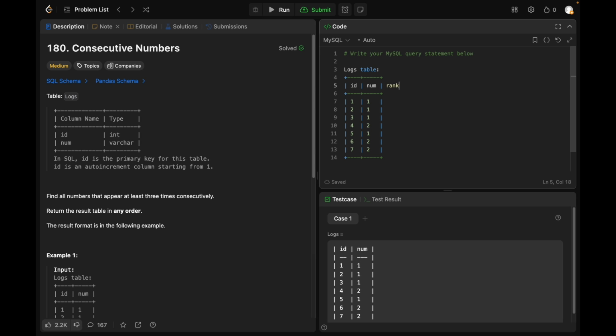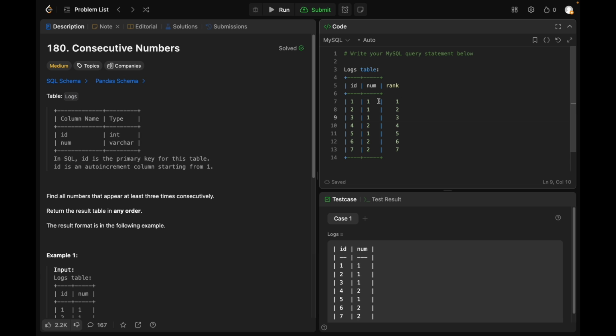It helps to model this out or look at it visually. If I was able to use a rank function, I would get maybe rank 1 here and rank 2 here, rank 3, rank 4, 5, just going down. That doesn't help us too much. But what would help is if we reset this every time the number changes.